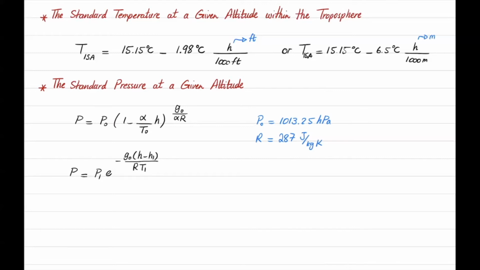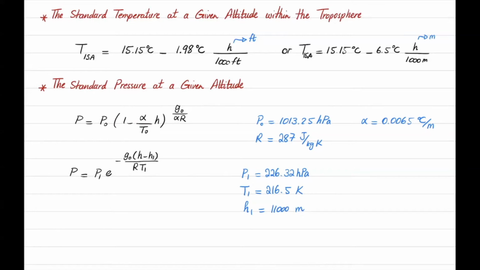Also, alpha is the temperature decrease ratio and is equal to this number. In the equation for the stratosphere, P1, H1, and T1 are the values at the tropopause, where the standard pressure at the tropopause is 226 hectopascal and the temperature is 216 Kelvin.